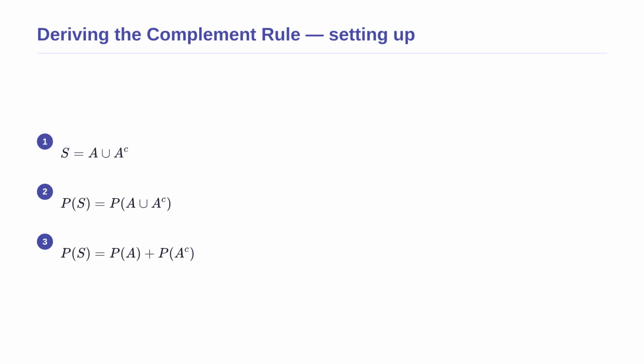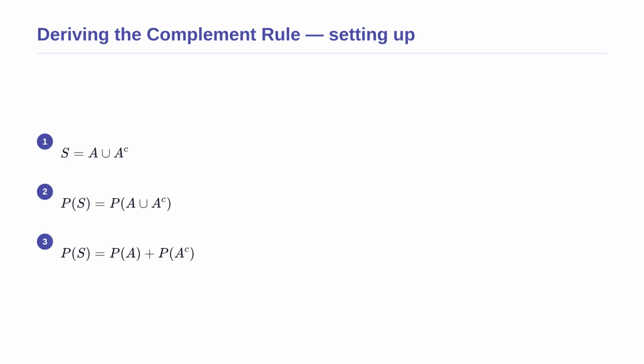Now that we have successfully used the formula to solve a problem, let us understand exactly where it comes from. We start our derivation by stating that the entire sample space is made up of event A happening or event A not happening. Because an event cannot happen and not happen at the exact same time, event A and its complement are mutually exclusive.